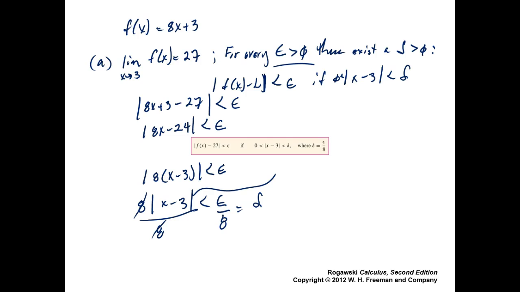No matter how tiny you make that epsilon, you can guarantee this because this is less than delta. So for any epsilon you choose, there is a delta that makes that true. If that's true, that limit exists. Well, of course, we knew it existed anyway because you plug it in and it exists.